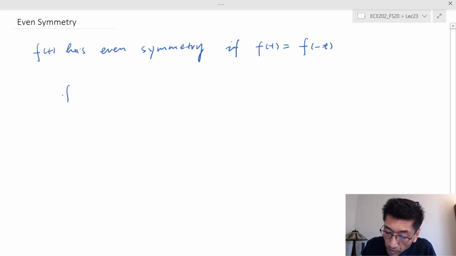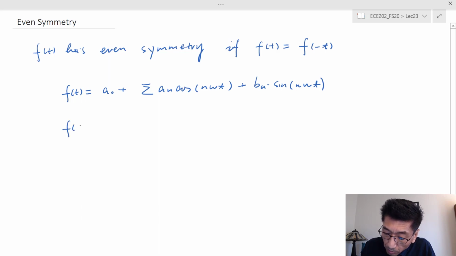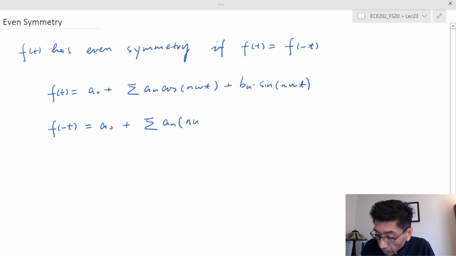We know the Fourier series for f(t) is equal to a0 plus the sum of a_n cosine n omega t, where omega is the fundamental frequency, plus b_n times sine n omega t. And if we replace t by negative t, then we have a0 plus the sum of a_n and cosine, since cosine is an even function, right? So the negative n omega t is still going to be equal to n omega t.